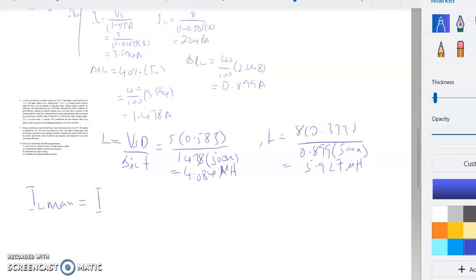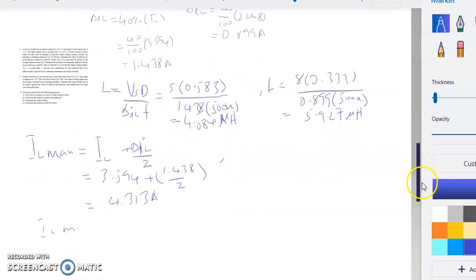Next we try to find out the maximum inductor current and also the minimum inductor current. For maximum at 5 volt condition, IL is 3.594 plus delta IL divided by 2, so we get 4.313 ampere.